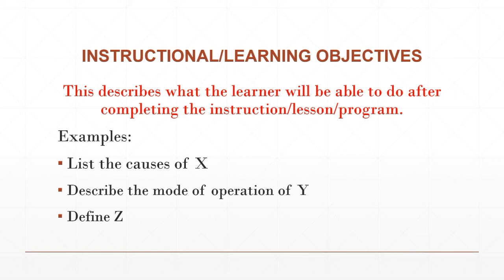For instance, at the end of the lesson, students should be able to list the causes of X, describe the mode of operation of Y, define Z. Do not confuse this with behavioral objective, where terms like analyze and discuss are used.